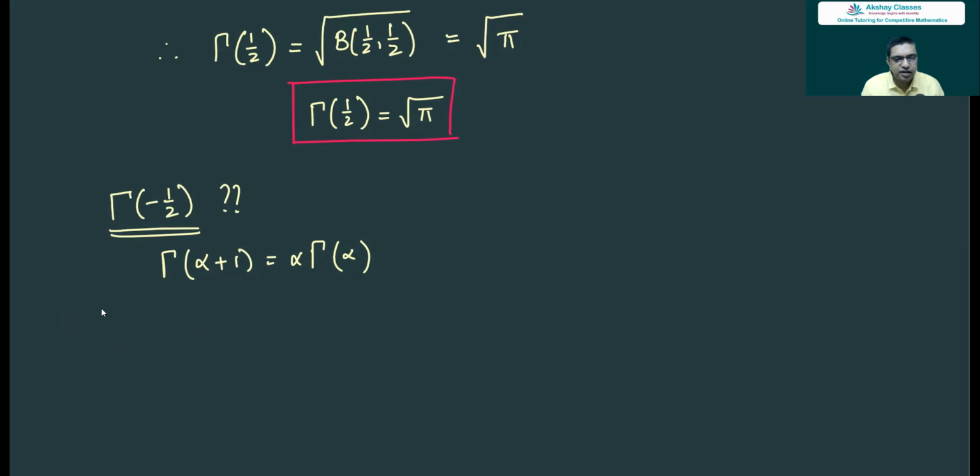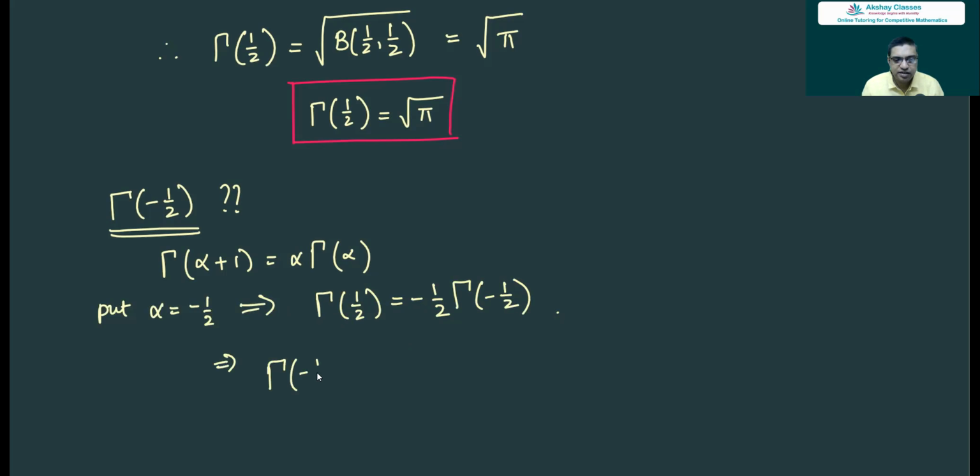So clearly we should substitute alpha as minus half. So this will give us gamma of half is equal to minus half into gamma of minus half. Now gamma of half is root pi. So gamma of minus half is minus 2 times root pi. So this is another result, but gamma of half is most often used.